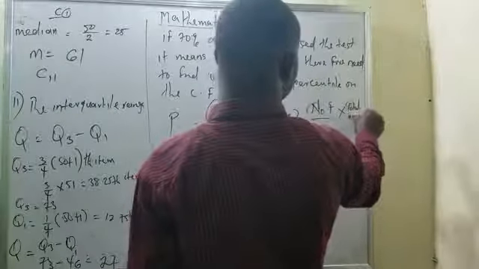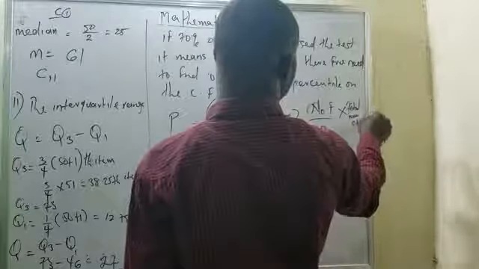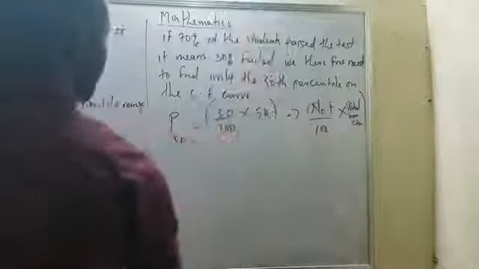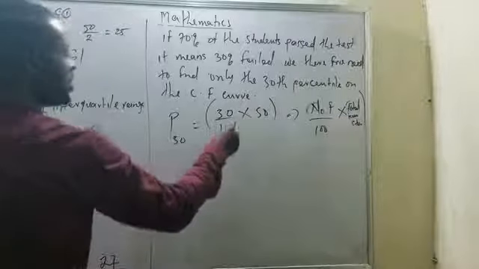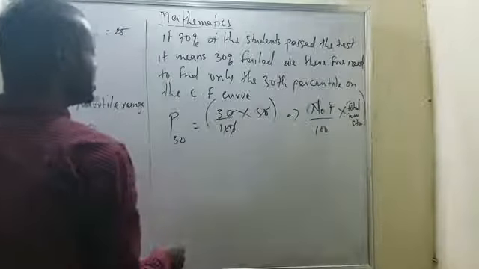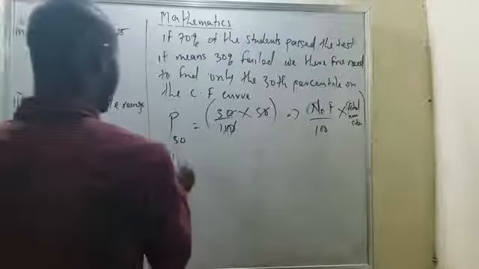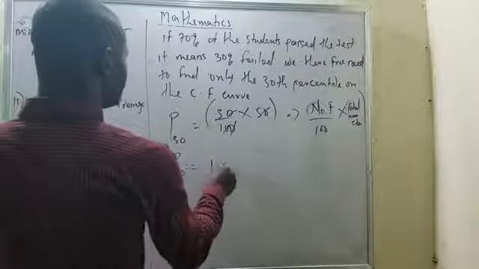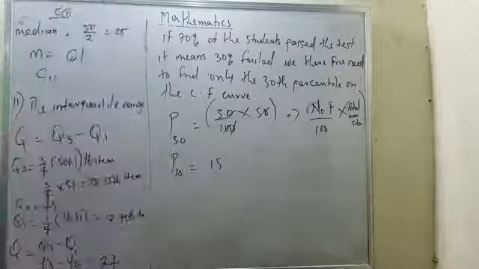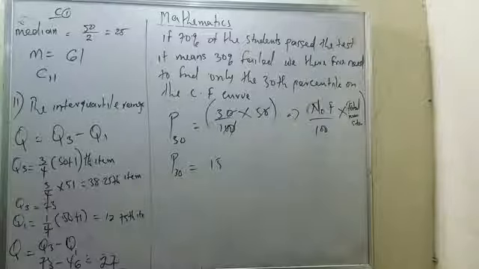Let's take note of that. Now we cancel this, we cancel this. It means I'll have 5 times 3, which is 15. Now it will be 15.